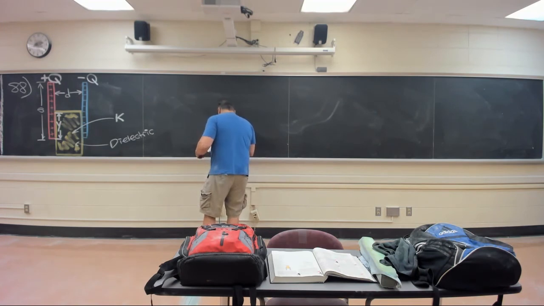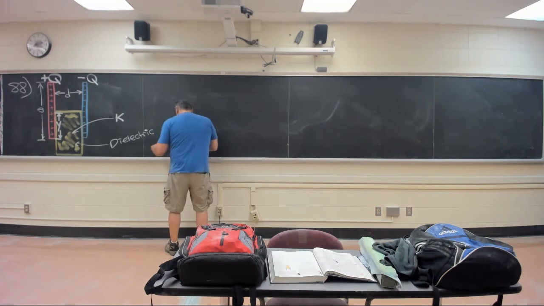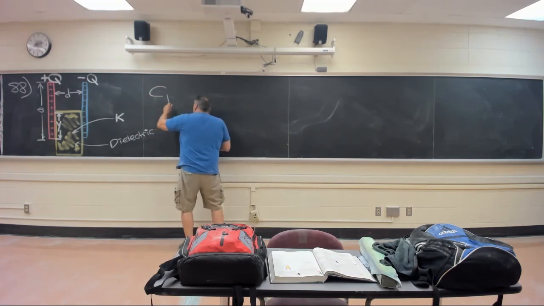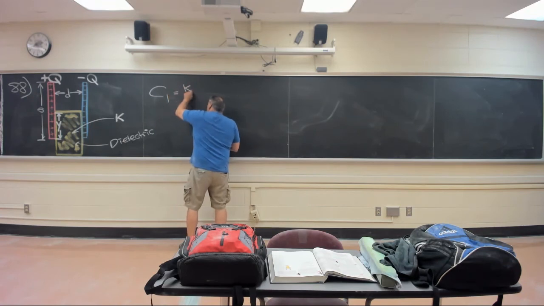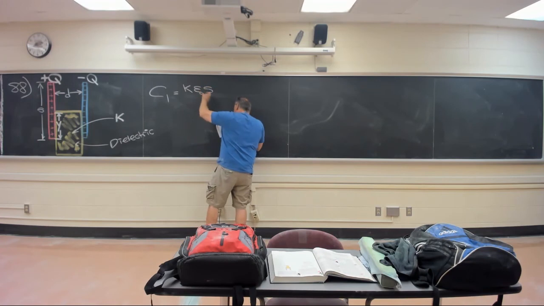Well, we've said a lot of this, so let's just write it down. Since they're parallel with one another, and you can go about this a bunch of ways, we've got C1 equal to kappa epsilon naught S times Y. What's S times Y, you guys?